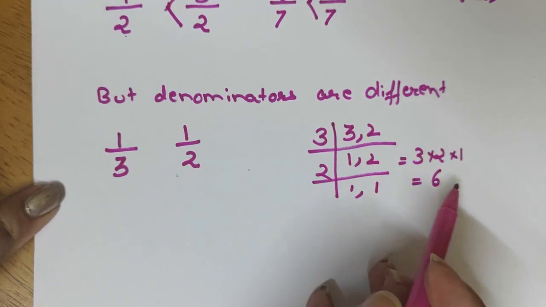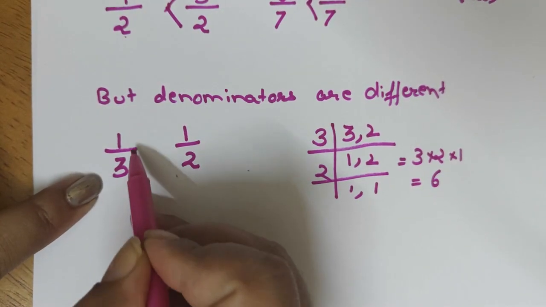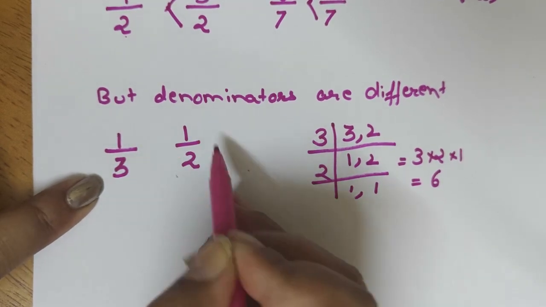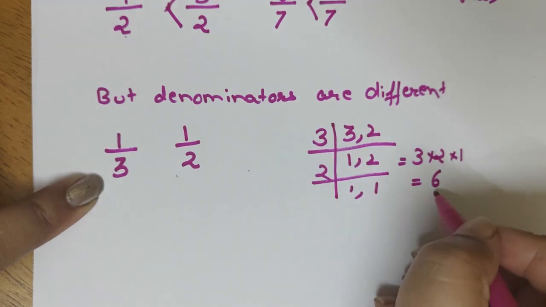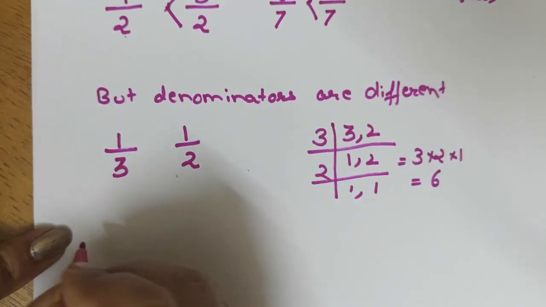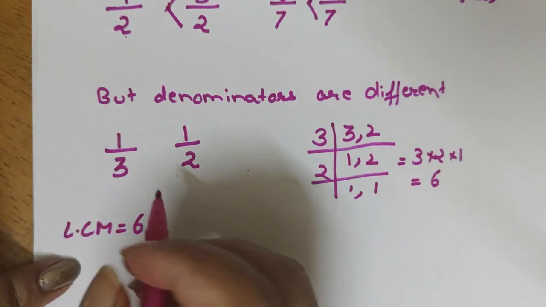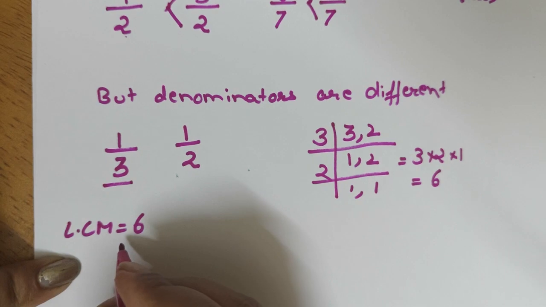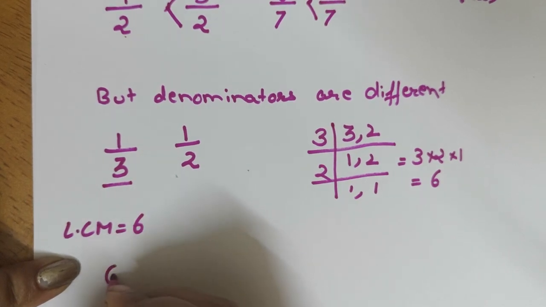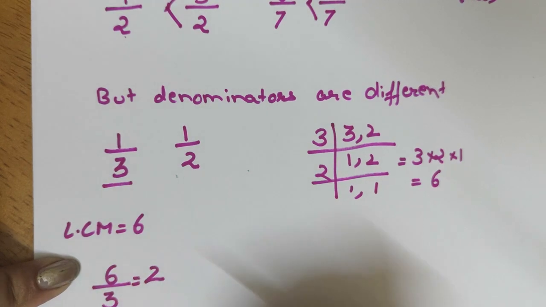Now we have to make the denominator of this rational number also 6 and this rational number also 6. We have found the LCM, which is 6. Now we will pick this denominator and divide the LCM by it. 6 by 3, we got 2.